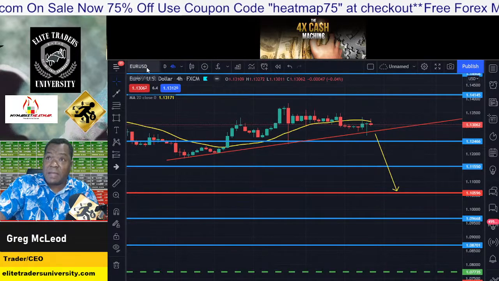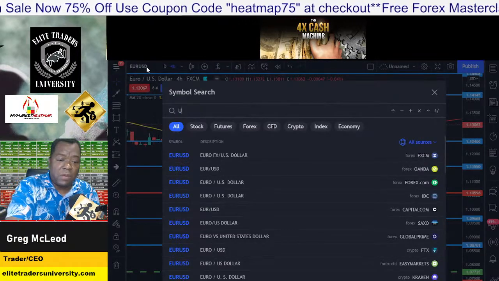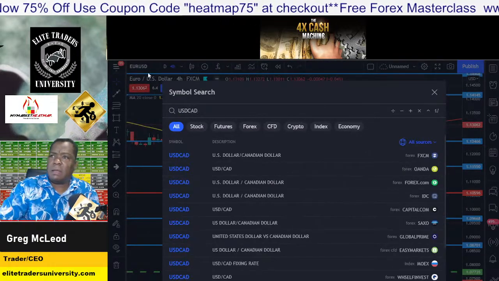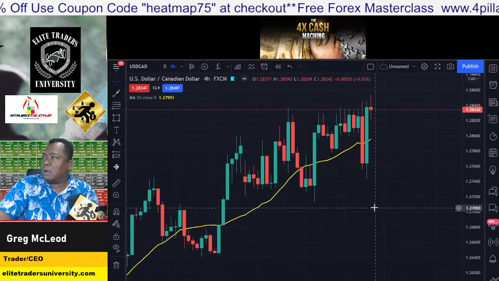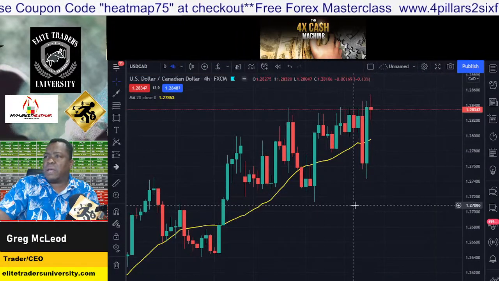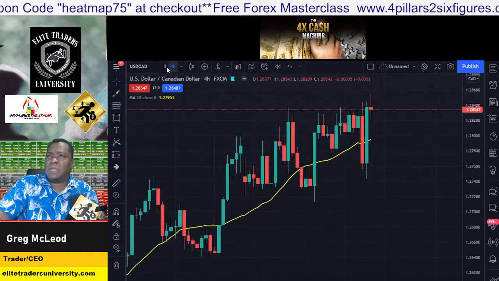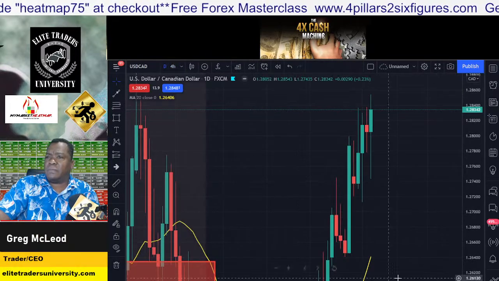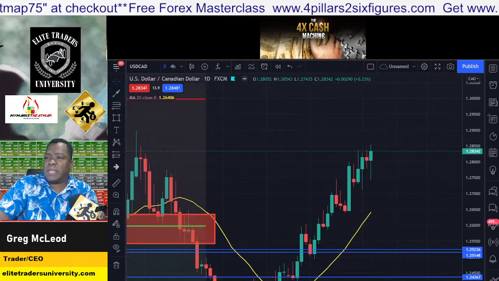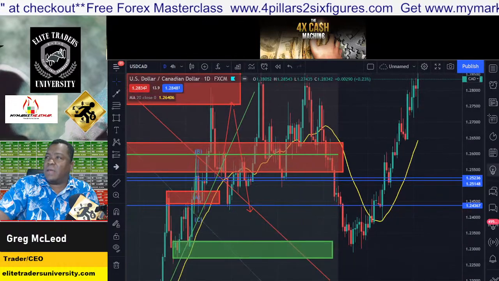And with the Bank of Canada, let's look at the Canadian dollar, USD CAD. Okay, and let's look at our daily chart. It's screaming to the upside because it's paired against the dollar, right?